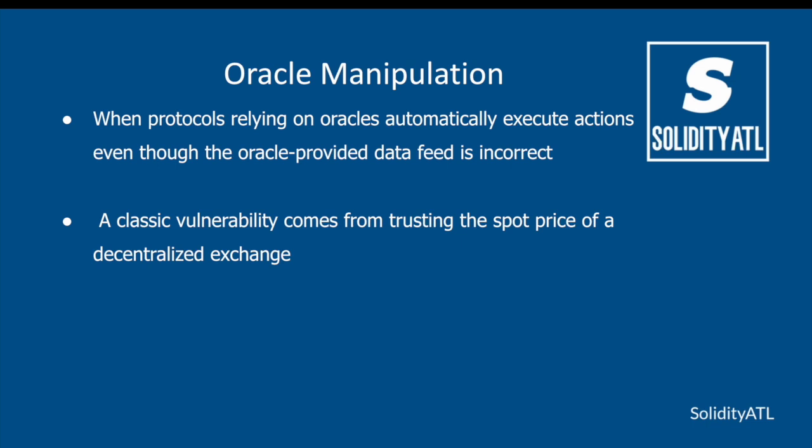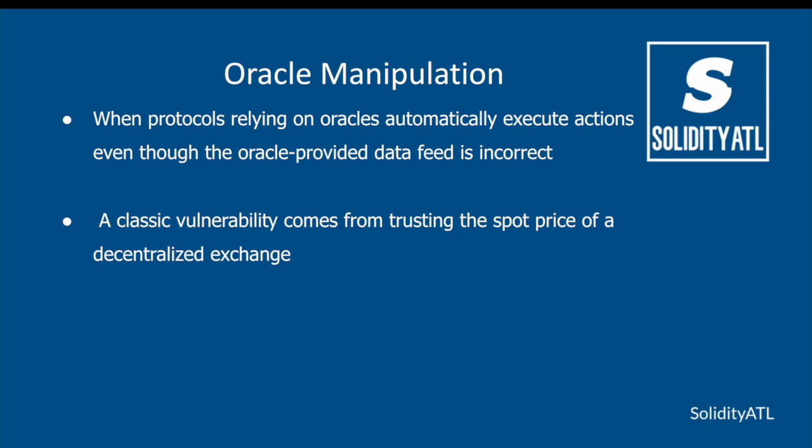Also, a classic vulnerability comes from trusting the spot price of a decentralized exchange. The reason this is an issue, for those of you who are not familiar with a spot price, is the price can drastically change in a matter of time. Let's say we took a 1 minute time span. If I wanted to, I could manipulate this price by taking out a flash loan, inflating the price, and then making some kind of move based off of this artificial change.